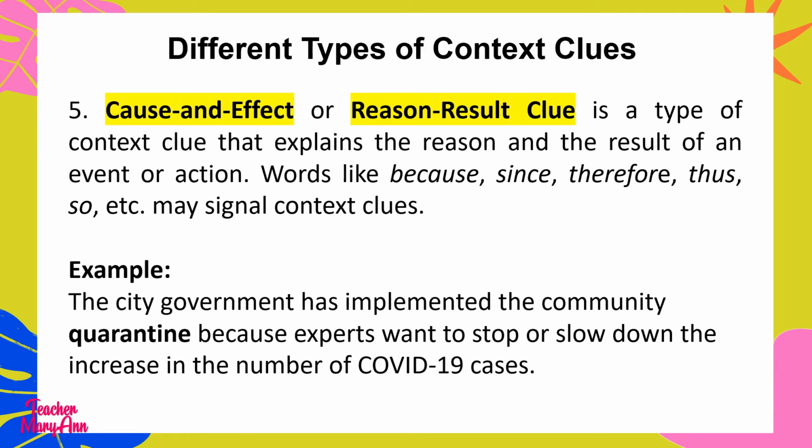For example, the city government has implemented the community quarantine because experts want to stop or slow down the increase in the number of COVID-19 cases. So what is the reason why the city government has implemented the community quarantine? Yes, it is because the experts want to stop or slow down the increase in the number of COVID-19 cases.